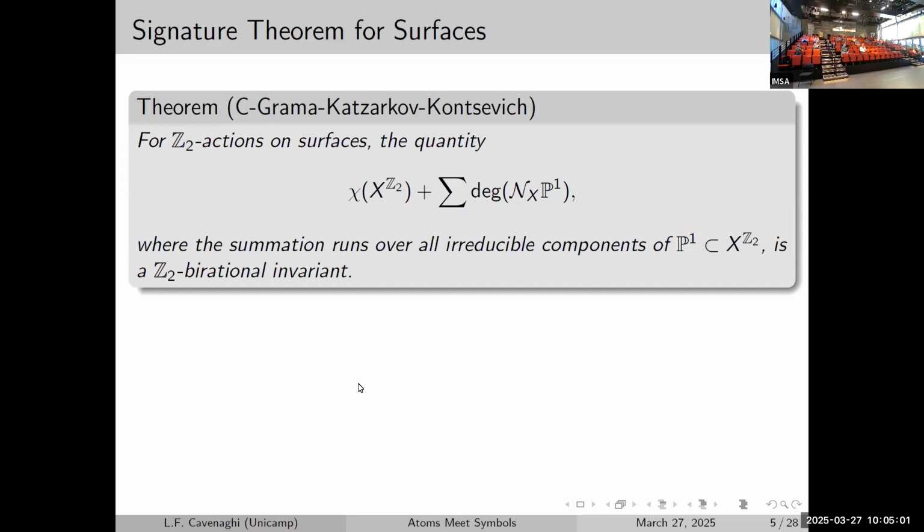But then we look at their normal bundle inside of your variety X, and compute the degrees of these normal bundles. Then the claim is that this Z-valued quantity is a Z/2 birational invariant.